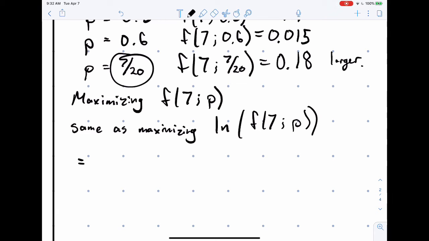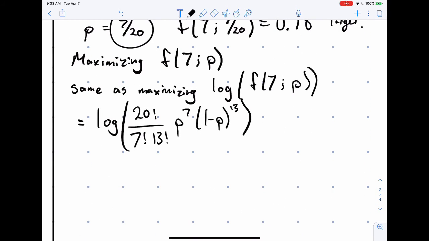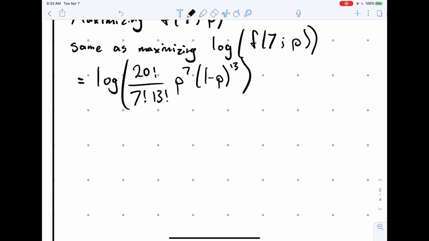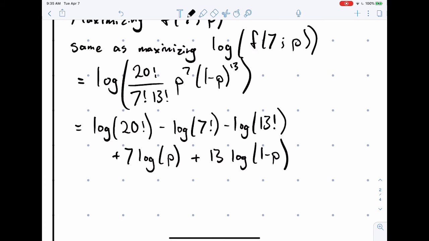So this logarithm is log 20 factorial. Well, so here we plug in the expression, and then now we apply logarithm rules. We want to maximize it, so we can differentiate with respect to p.